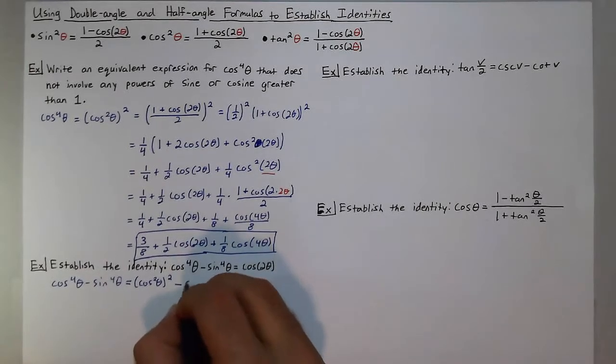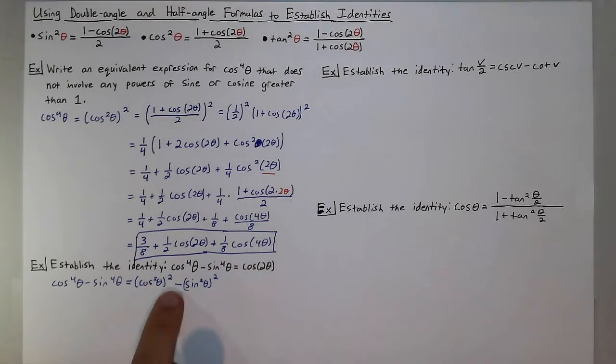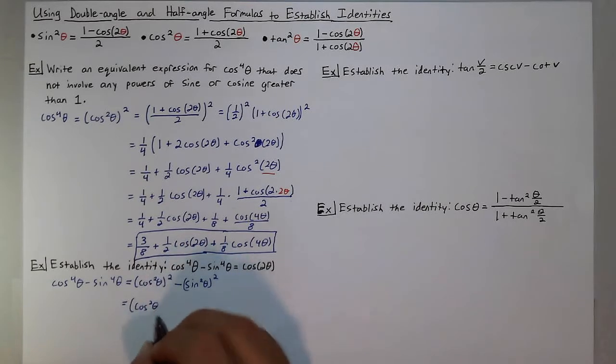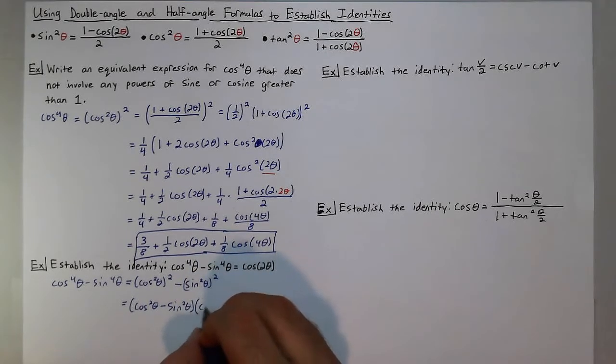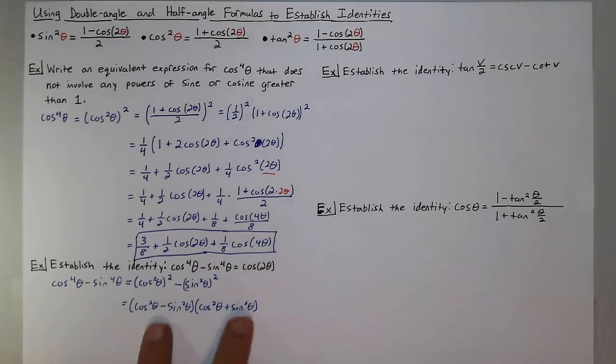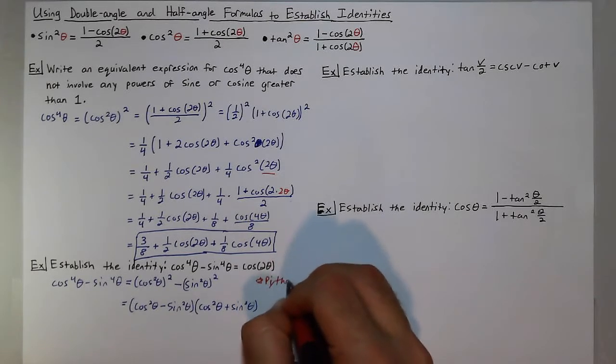minus sine squared of theta squared. So now we have a difference of two squares, so we can use conjugates to split them up. So we can get cosine squared of theta minus sine squared of theta times its conjugate, cosine squared theta plus sine squared theta. And now I see here, this is just 1. That's that Pythagorean identity, which I'll write here to remind you.